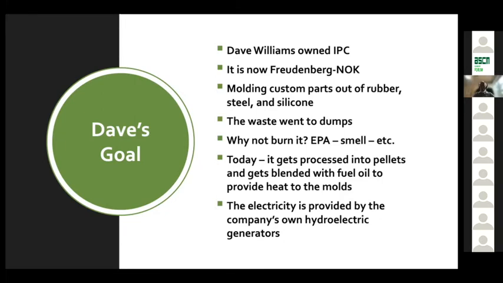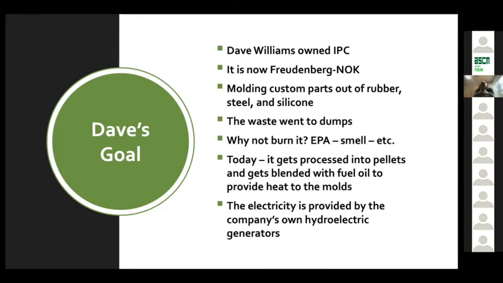We'd send a truck to the dump, basically every day with the rubber waste. And Dave looked at it and said, "Why can't we use this? Why can't we burn it?" And well, the EPA wouldn't want it. It smelled, so on and so forth. But he said, "Well, there's got to be a way of doing this." And so he started engineers working on it.